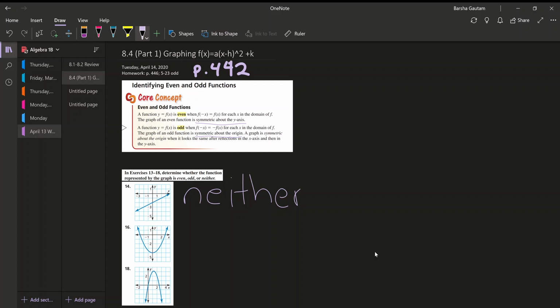Alright, let's look at the next one. Number 16. So this one, how I would like to imagine it is if you fold this in half right here, in the middle, will it look exactly the same? Will the lines overlap? Yes, in this case it does, right by the y-axis.